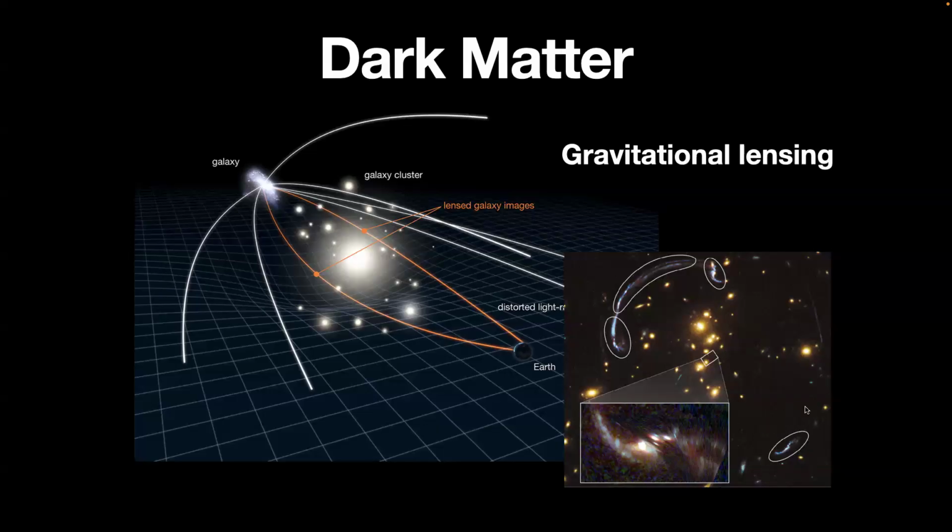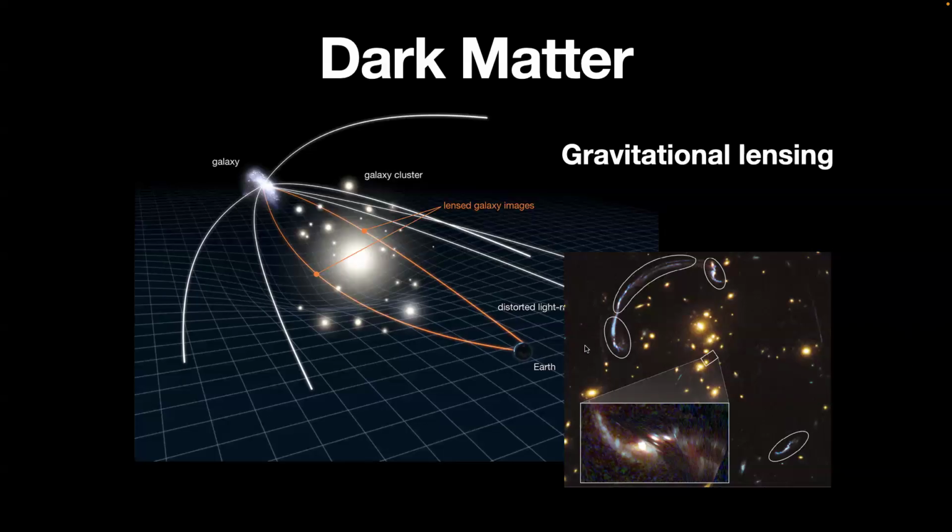So this is all one galaxy, but its light is bent in such a way that it makes this arc. And every once in a while, you get things situated, like the geometry is just perfect, where you get a complete circle around the galaxy cluster, and that is called an Einstein ring. They're relatively rare, but they're pretty cool.